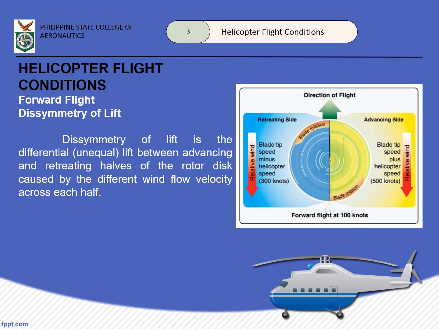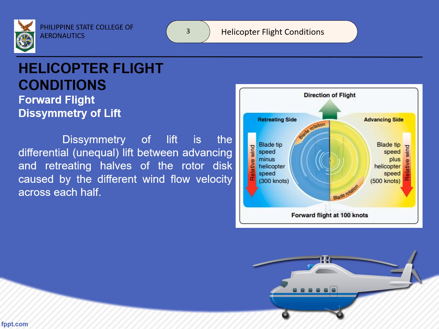Take note that the rotor blades travel with the same speed but not with the same airspeed, since we have the idea of advancing and retreating side. Now, since velocity is involved in the lift formula, uneven velocity results to what? Of course, uneven lift. Hence the idea behind our dissymmetry of lift.